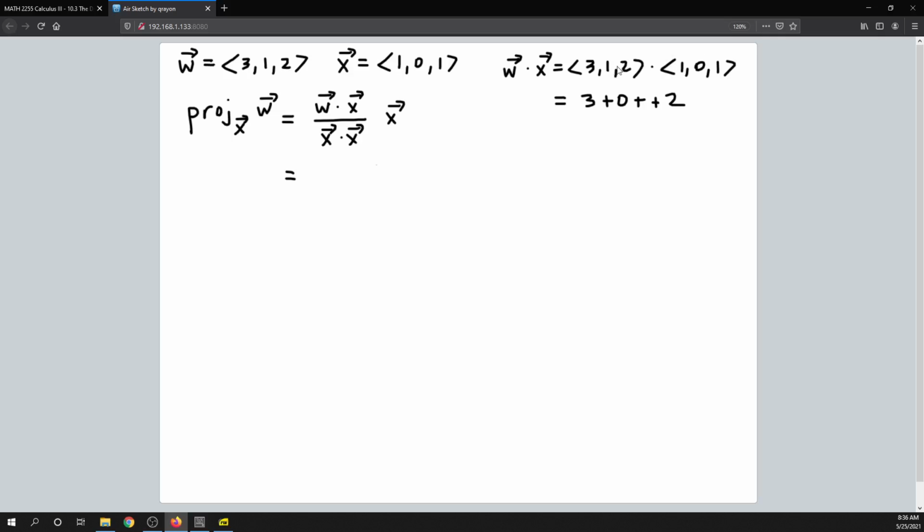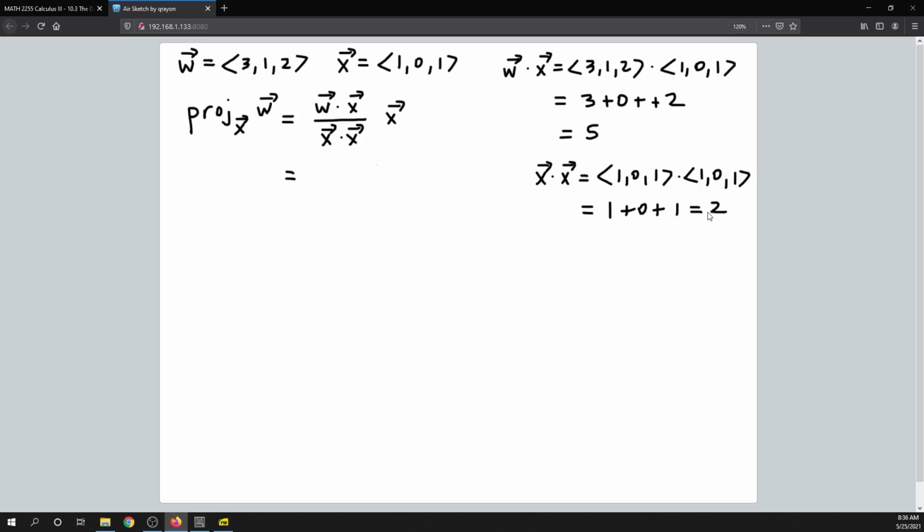Right, 3 times 1, 1 times 0, 2 times 1, and then add those together, we get 5. And then X dotted with itself. So that's 1, 0, 1 dotted with 1, 0, 1. So that's going to be 1 plus 0 plus 1, right? 1 times 1 is 1. 0 times 0 is 0. 1 times 1 is 1. That's going to come out to be 2.